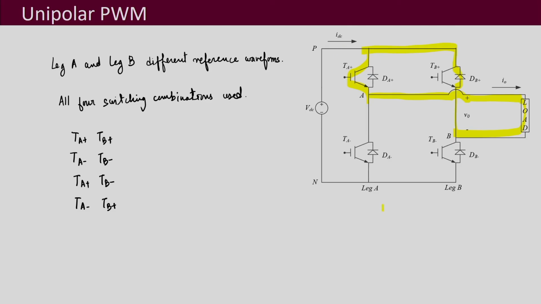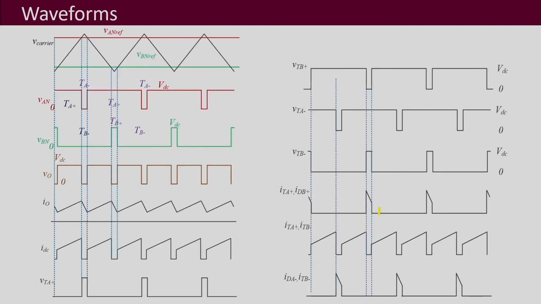So, now let us look into the waveforms. Here you can see this is the triangular carrier waveform, and this will have the high switching frequency Fs.